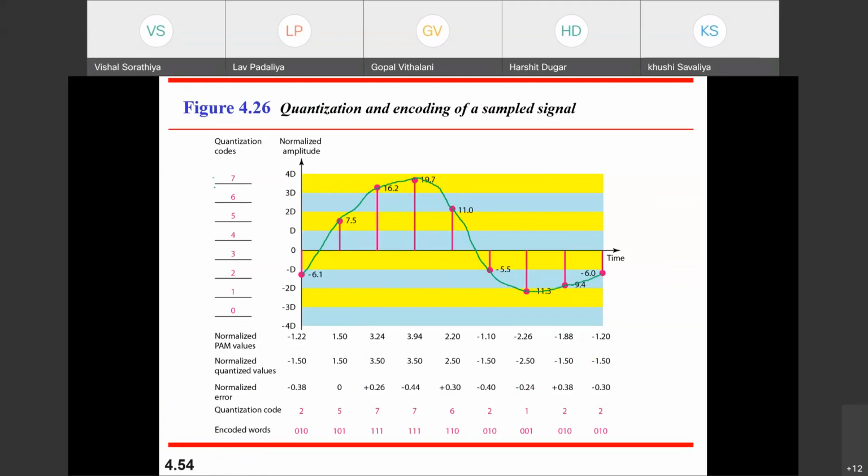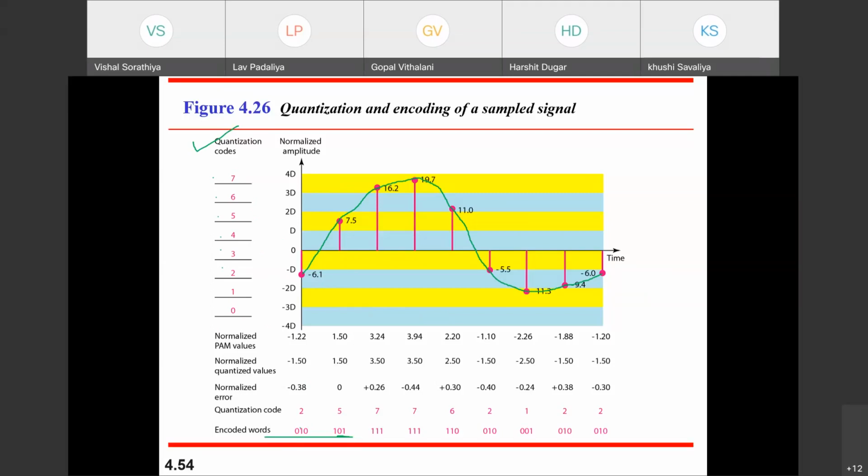Now, whatever this 7, 6, 5, 4, 3, 2, 1 quantization code you are seeing is nothing but your quantization level. Right now the quantization is done with respect to 3 bits. Have you seen that 3 bits is written over here? So each sample is defined with respect to 3 bits. If 2^3 equals 8, that's why it has quantization levels 0 to 7, that is 8 levels.